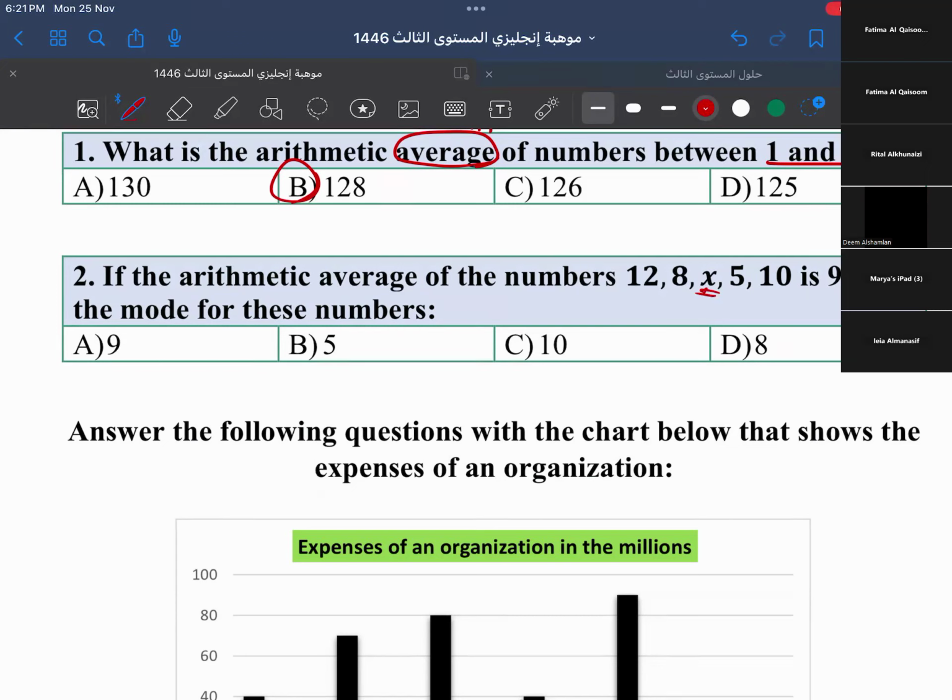So how am I going to find x? Do you have any idea? Here, they told us that the average is 9 for these numbers.